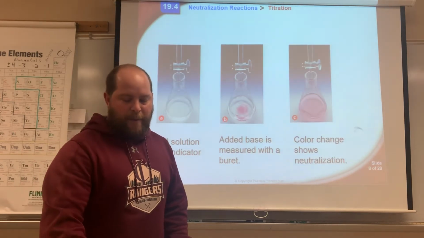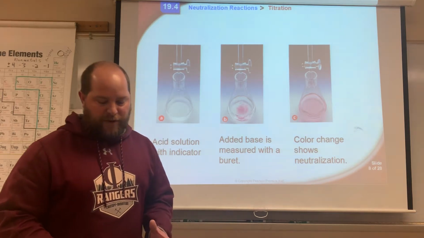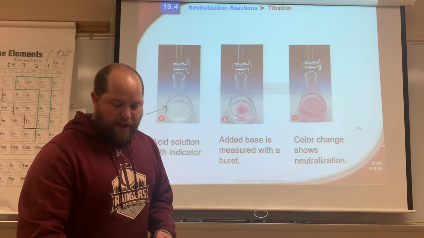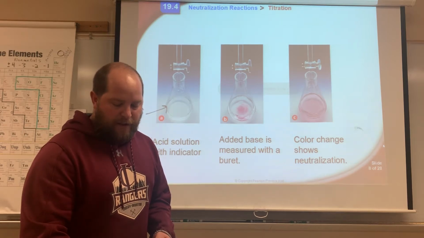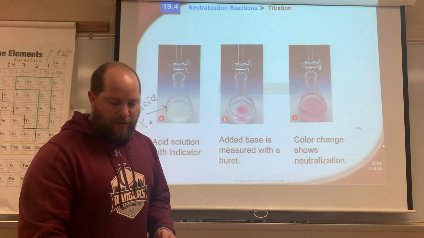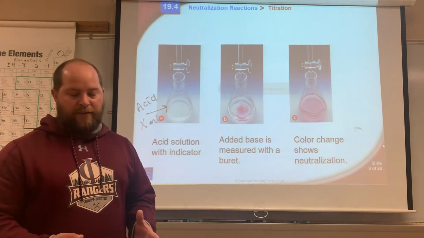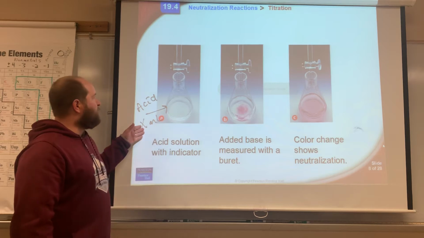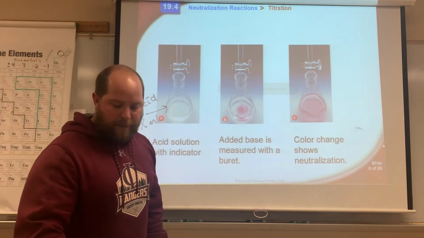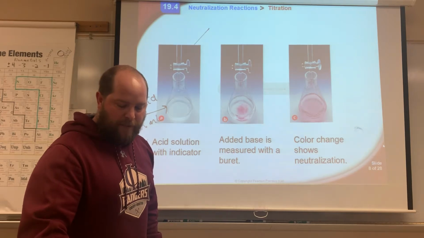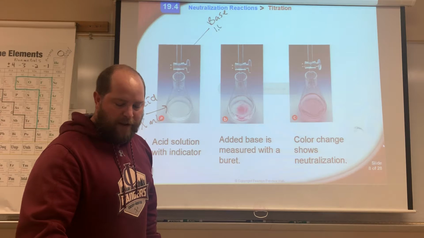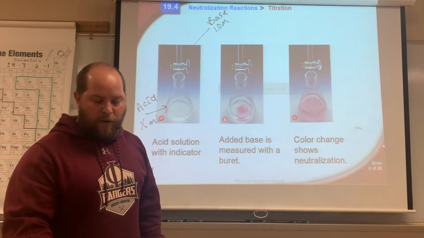Here's what would happen with an acid-base titration. In the flask, we would have an acid with X milliliters. We would know how much we're starting with. We would titrate it with a base, which would have a known molarity, maybe 1 molar.